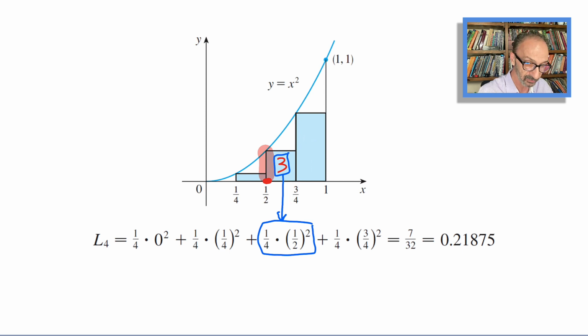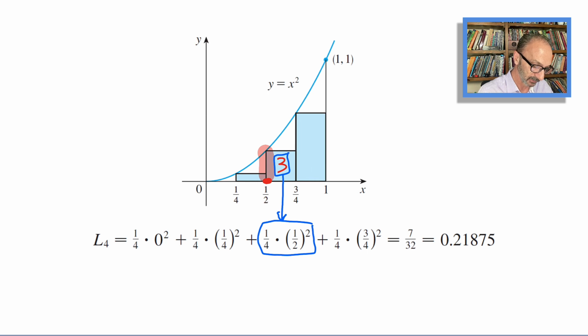Earlier we took 3/4 because it's my right. Now we're taking 1/2. Notice on the last one, number 4, we are dealing with my left point, which is 3/4. And of course that's way less than what we saw earlier. Why? Because we're losing this and this and this and even this. Okay?